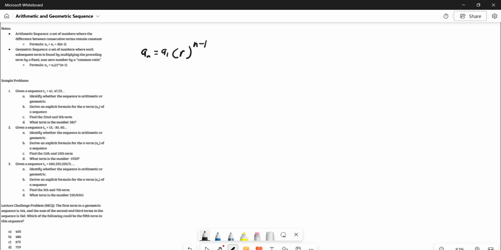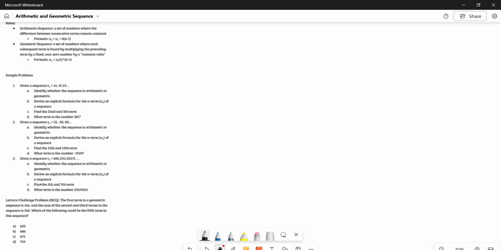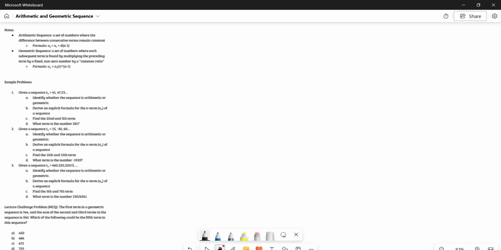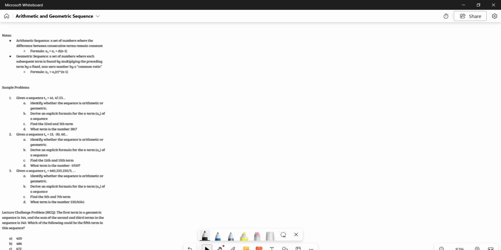Okay, so let's go through some sample problems. The first one: given a sequence t sub n, oops, my bad, t sub n is equal to 41, 47, 53. Identify whether the sequence is arithmetic or geometric.